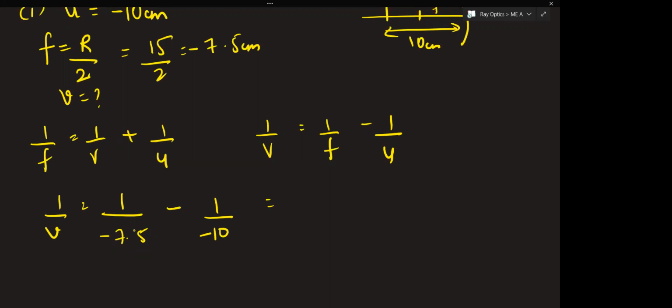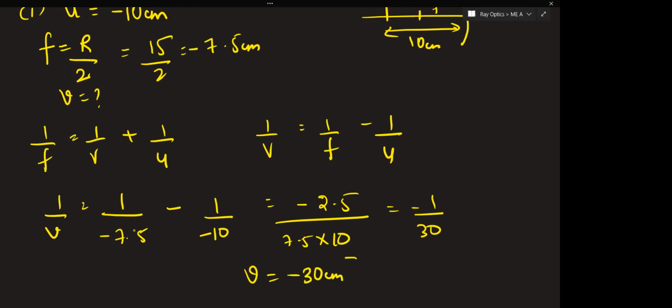So that makes it minus 2.5 by 7.5 into 10, right? So this will get cancelled. Minus sign will be there. Minus 1 by 3 into 10, that is 30. So image distance comes out to be minus 30 centimeters. This minus sign, I have not added by myself. This minus sign is showing you that the image is formed 30 centimeters in front of the mirror.